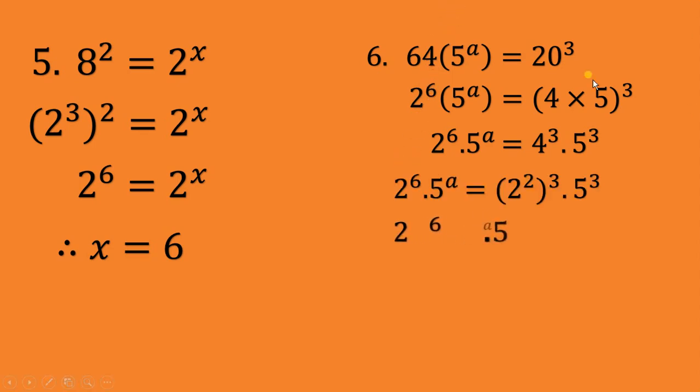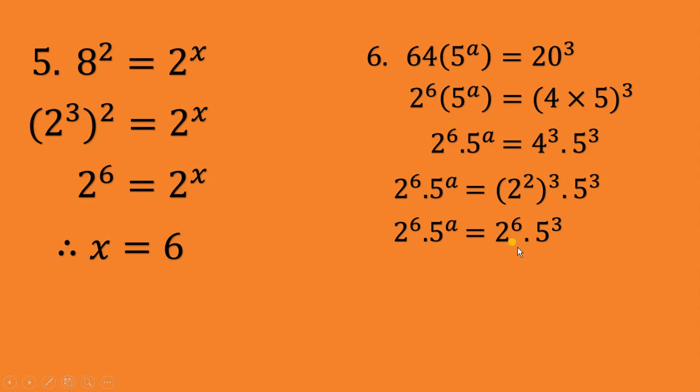So that becomes 2 to the power 2, cubed, and when we multiply 2 times 3, it becomes 2 to the power 6. So that 20 became 4 times 5. That 3 outside multiplies with the 4, and we change the 4 into 2 to the power 2 times 3, which gives us 2 to the power 6.